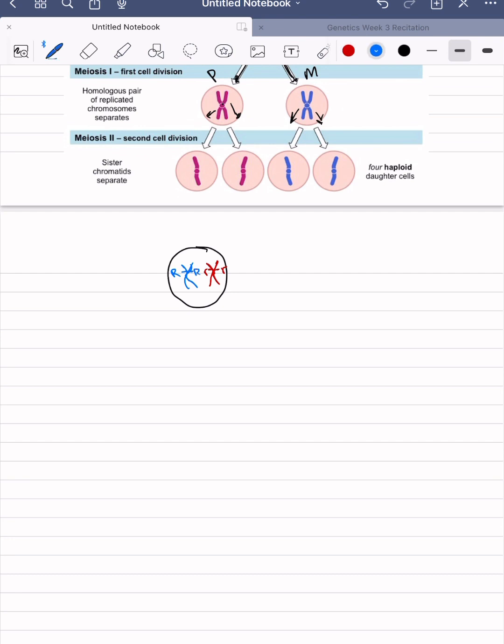So when they go to split, during the first meiosis, you're going to get the homologous chromosomes which separate. And that's going to give you big R, little r. Now these are going to split once more.